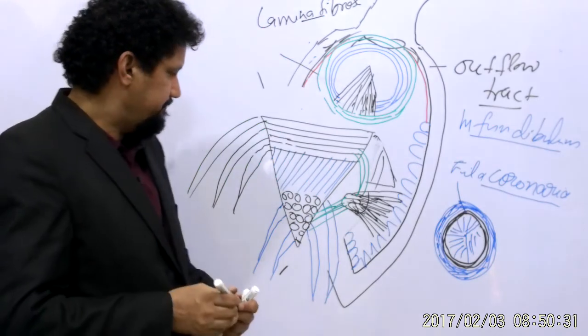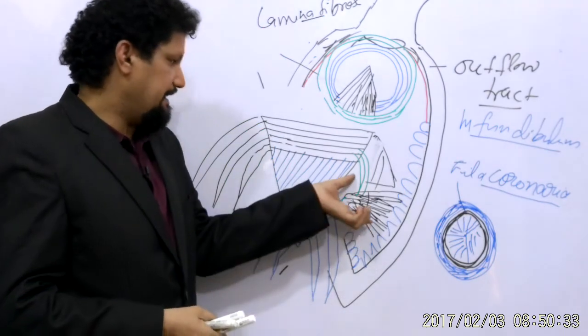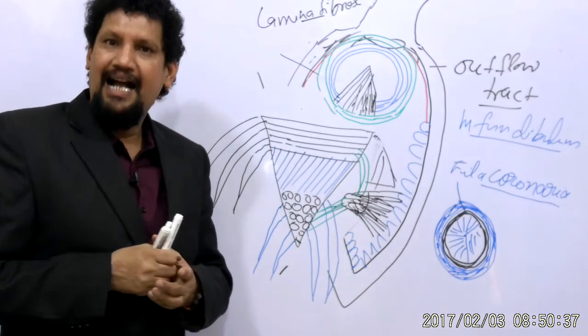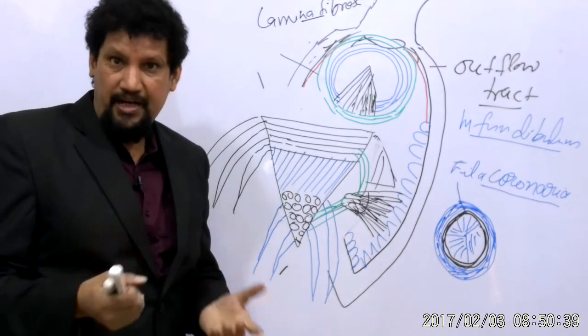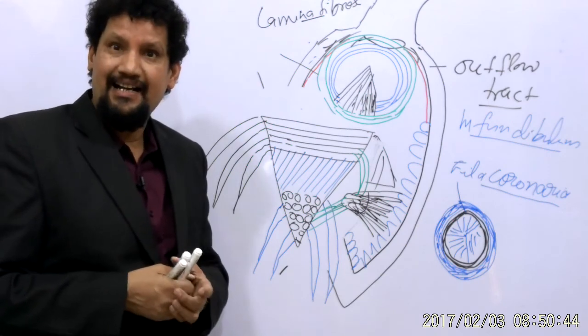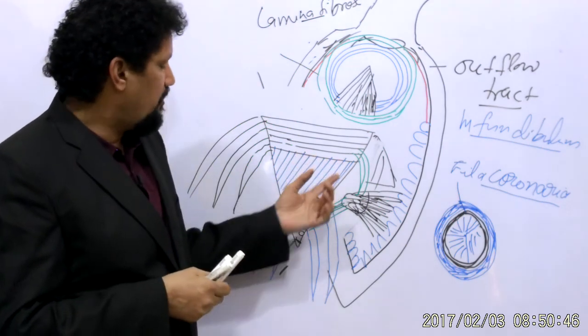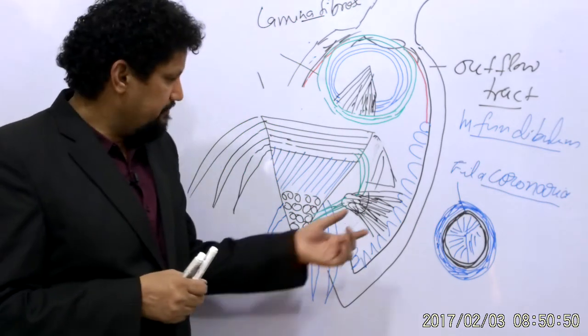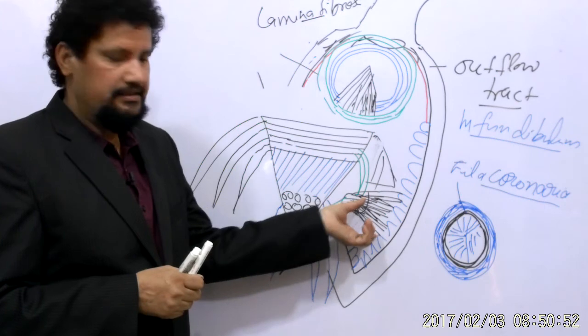So simply, this triangular collection of muscles is known as papillary muscles, and the apical part of the muscle gives attachment to the true chorda, which are attached to the inferior or lateral surface or free margin of the cusp. So this muscle is known as papillary muscle.